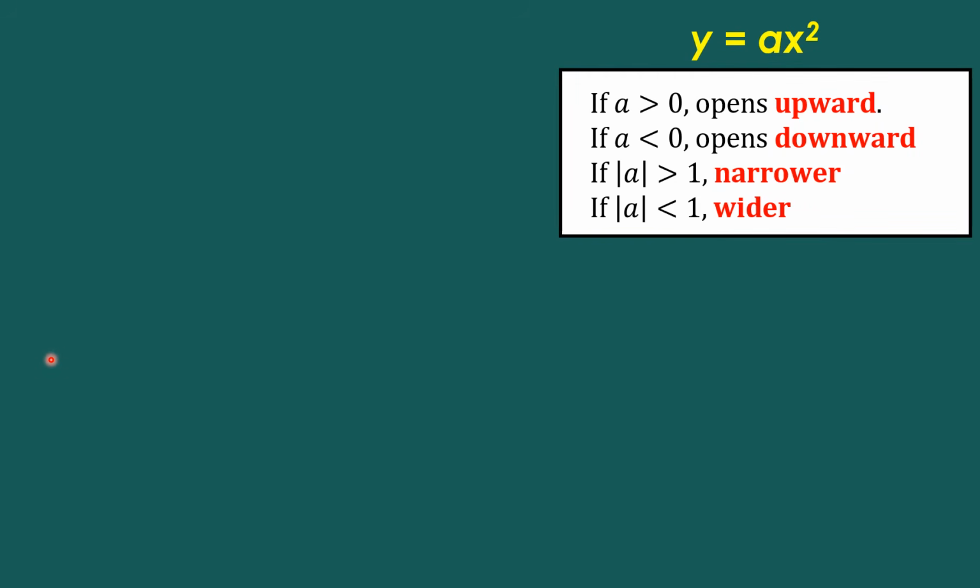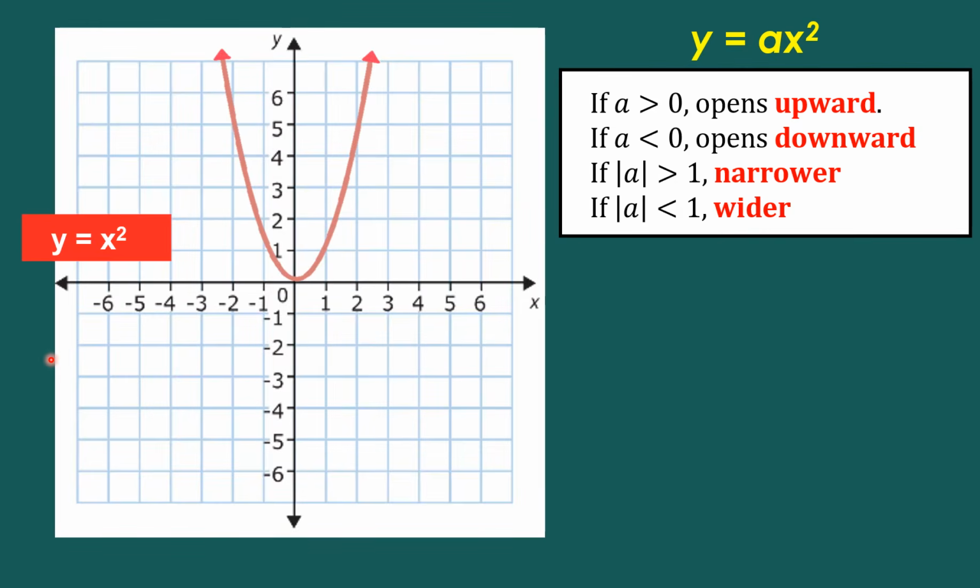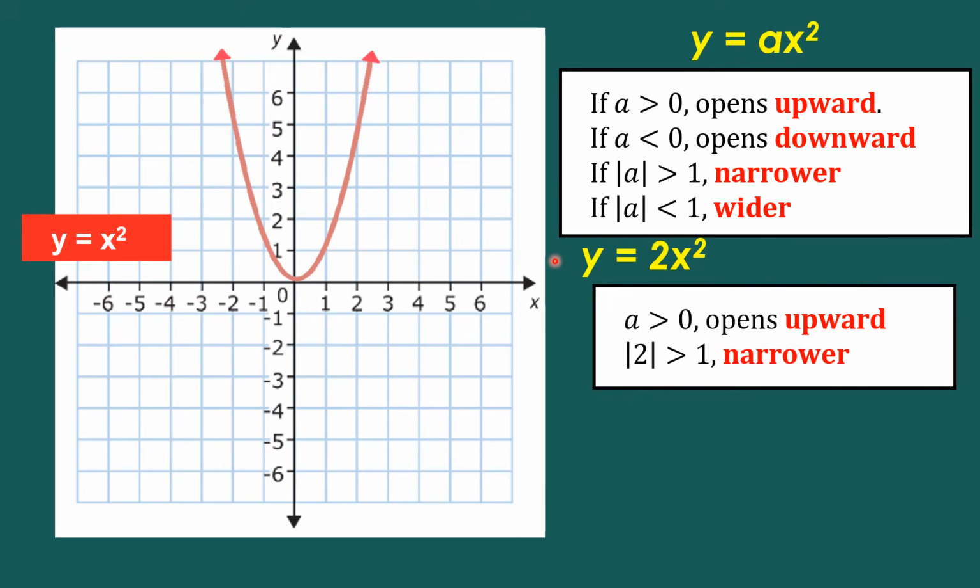Now let us have an example. Let us compare this to the graph of our parent function y equals x squared. In our first example, y equals 2x squared, the value of a is 2, and 2 is greater than 0. So the graph will open upward. Ano ba ang absolute value of 2? The answer is 2, and 2 is greater than 1.